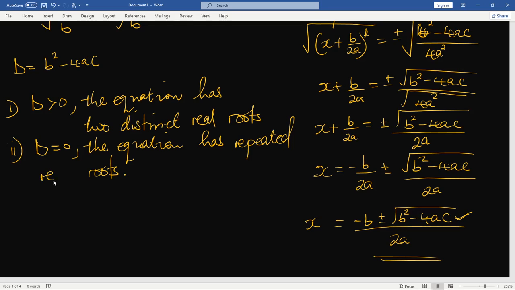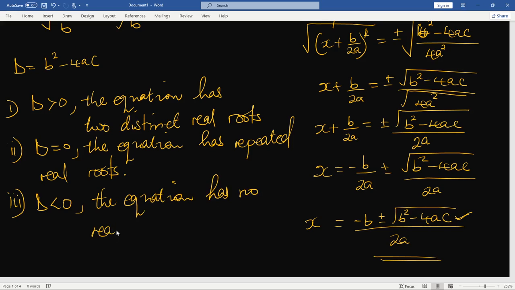Then three, if the discriminant is less than 0, it simply means that the equation has no real roots, like this.